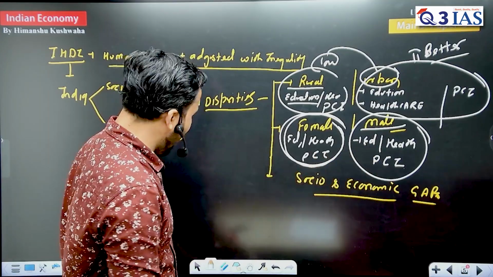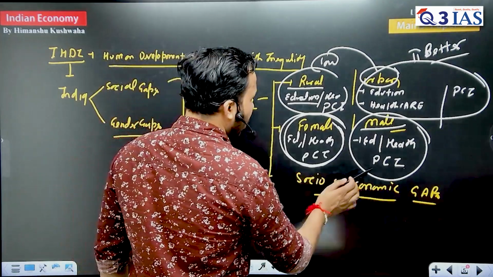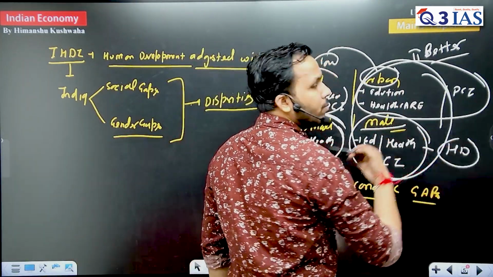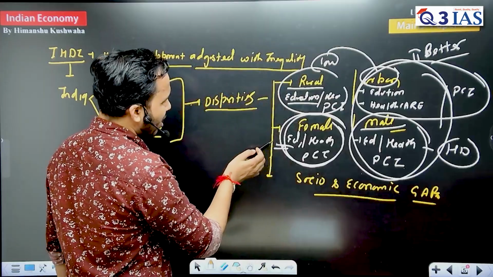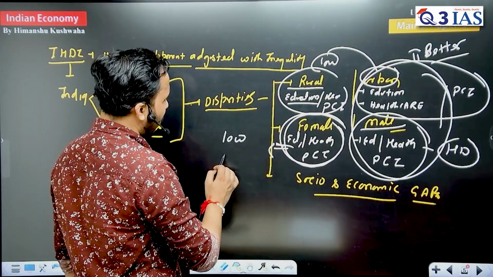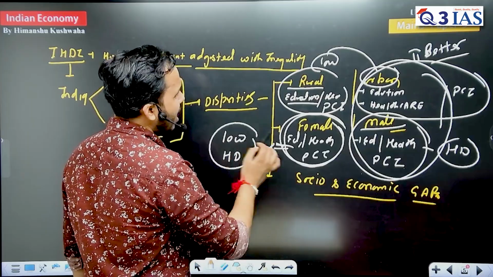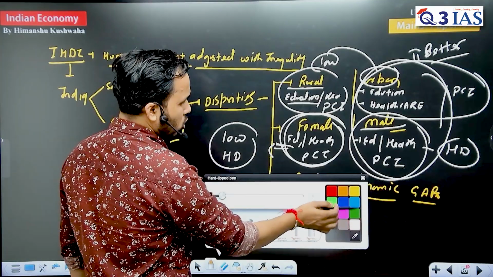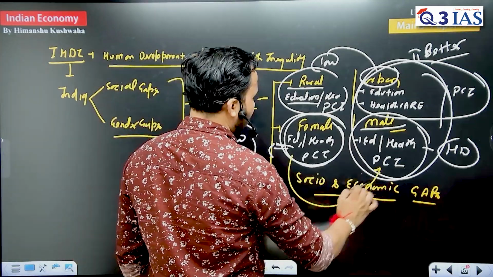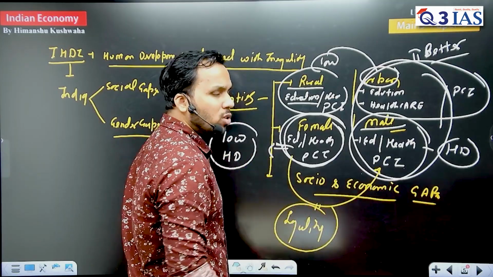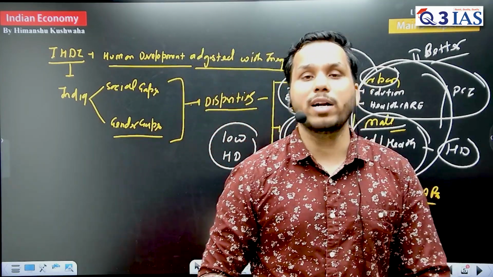So we can say some have better human development and others comparatively low human development. This shows us inequality. And this was the inequality-adjusted human development index.